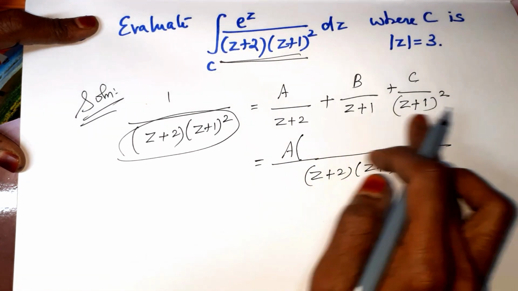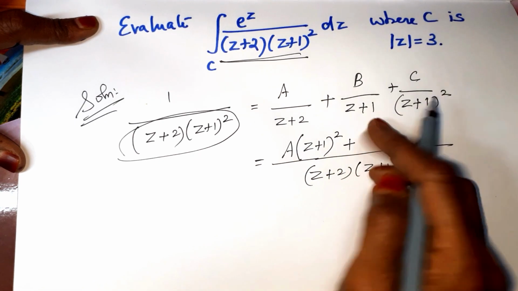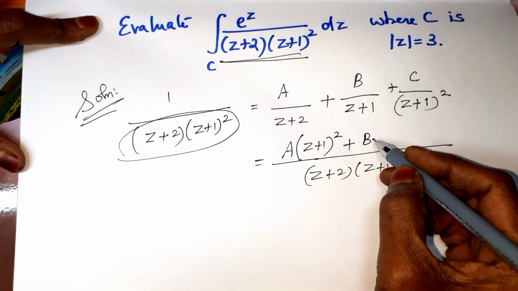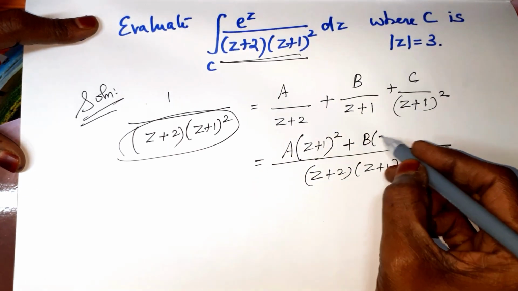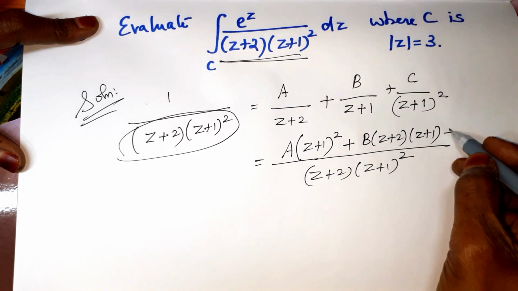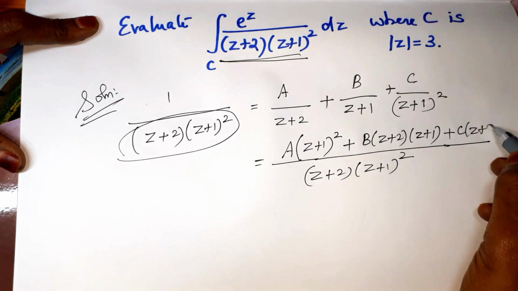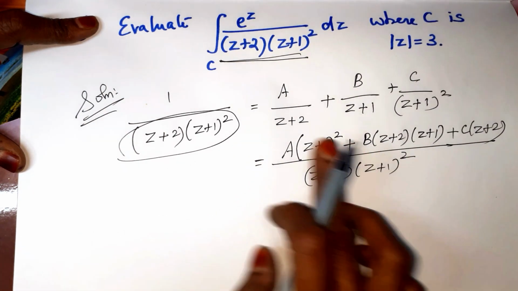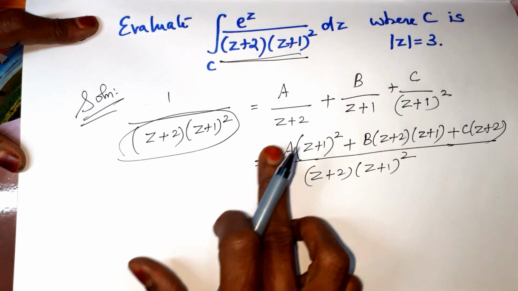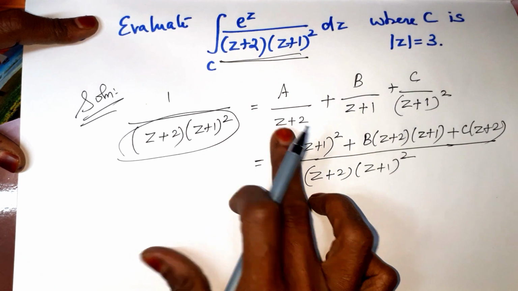So A into z plus 1 the whole square plus, here z plus 1 we have, but it is of power 2, so B into z plus 2 into z plus 1 plus C into z plus 2. So after taking LCM, A into this term, then B into z plus 2 into z plus 1 and C into z plus 2.